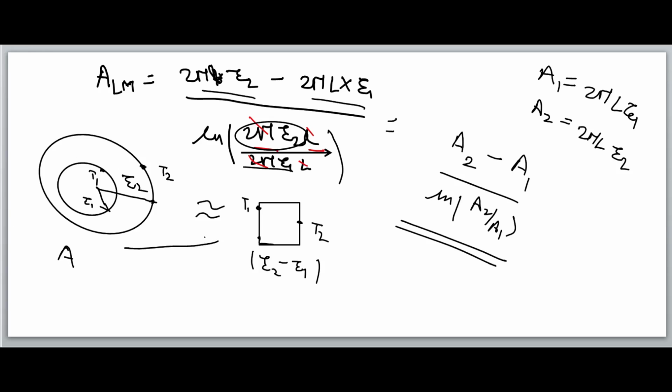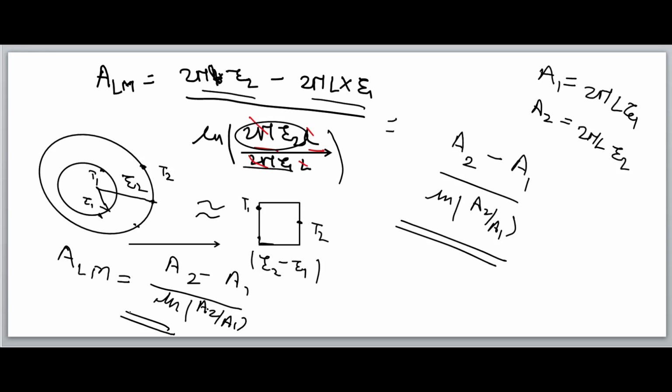But the area for this system will be equal to A lm, that is log mean area, which equals A2 of this cylinder minus A1 of this cylinder divided by ln of A2 by A1.